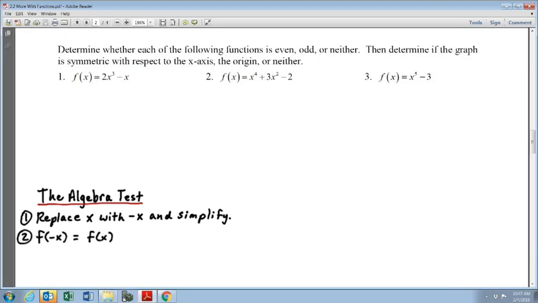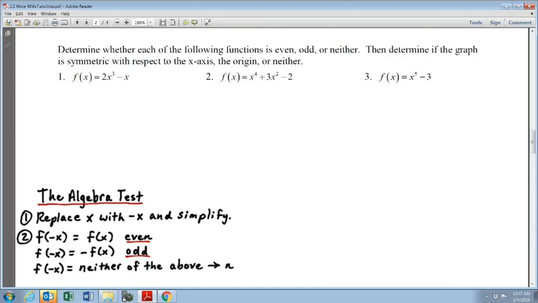Then we have three possibilities. We're either going to get f of x as our output, like the first example I did up above. That's for even functions. Or we'll get the opposite of f of x, like our second case where we had an odd function. Or we could possibly get neither of those, and in that case we'll say neither.